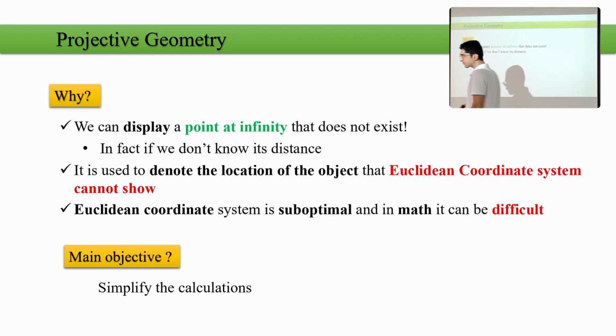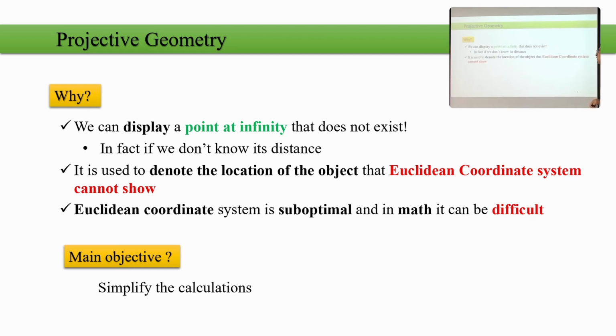If you want to know the most important reason why we are going to learn about projective geometry and use it, it is that we can represent a point at infinity in the system. What does it mean? In the Cartesian system, can you show an infinity point? You cannot, because you definitely need to have some values on the coordinate system, x and y. But here, you don't need to have them.